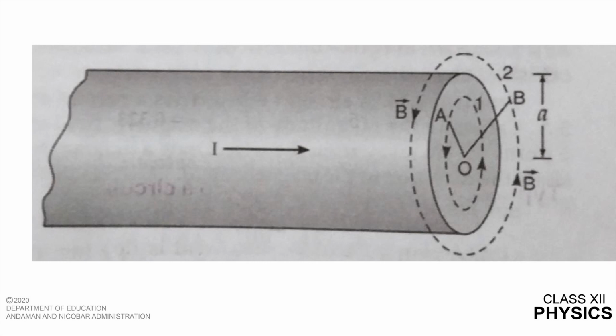So you are supposed to find the magnetic field for a region less than A; if A is the radius and I assume the location distance as r, what is the magnetic field for a region r less than A? This means inside the marked region 1 from the center O. Number 2, r equal to A on the marked region. And the third case: outside the current carrying wire, that is marked as region 2.